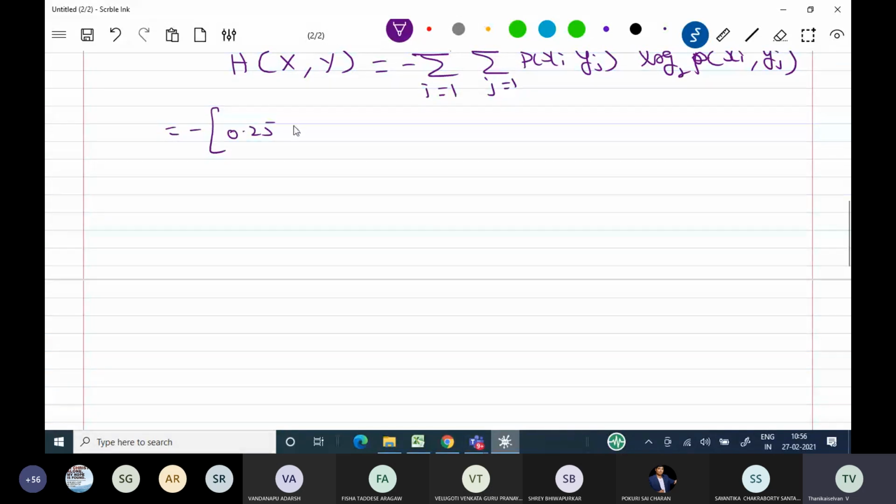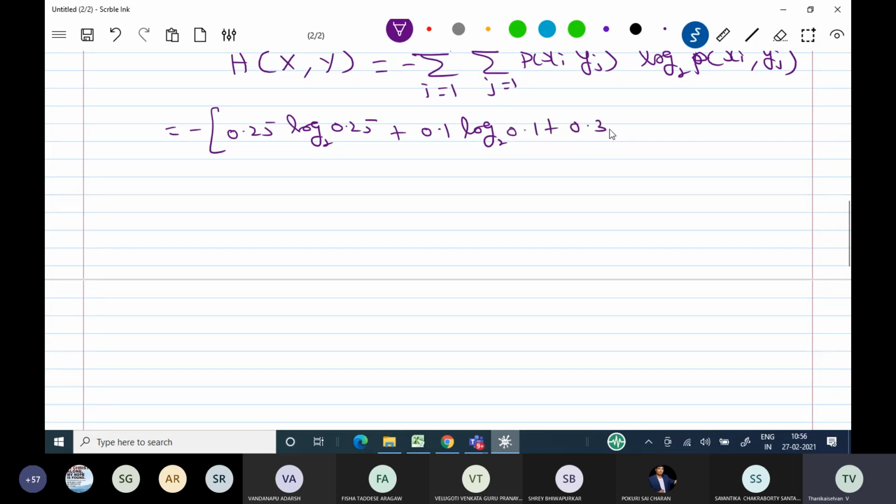I am writing 0.25 log base 2 of 0.25. I hope you know how to do the double summation. Now 0.1 log base 2 of 0.1, because you have done discrete convolution, it is like our discrete convolution methodology only.